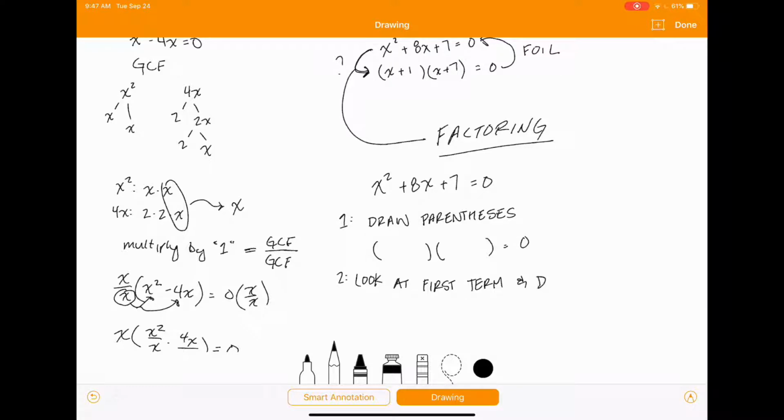The second thing you're going to want to do is look at the first term and determine factors. For this example, our first term is this x squared. The one that has the highest power is the one you want to consider as your first term.